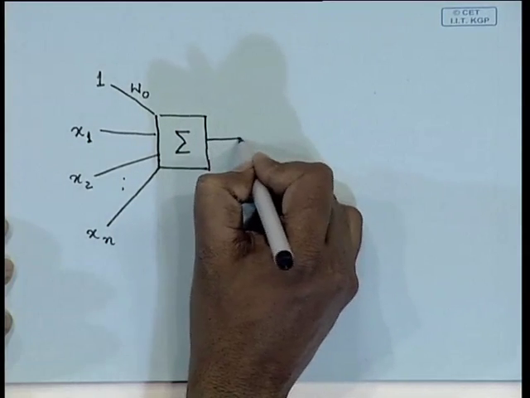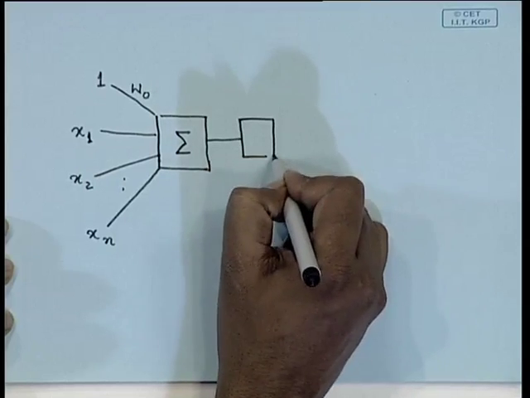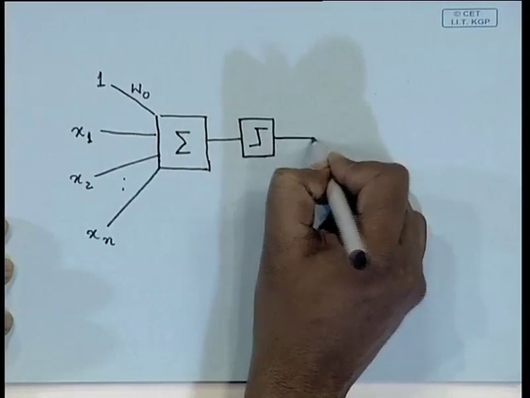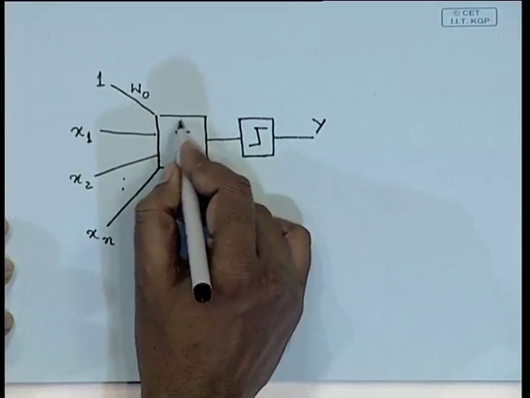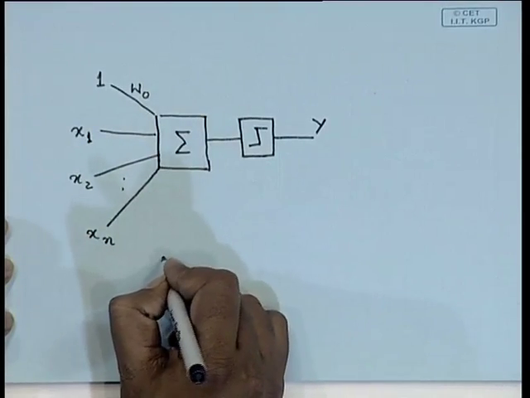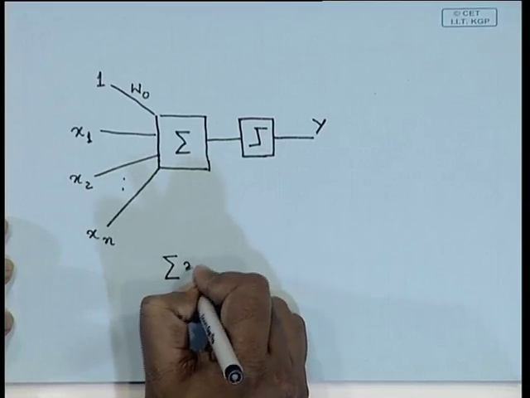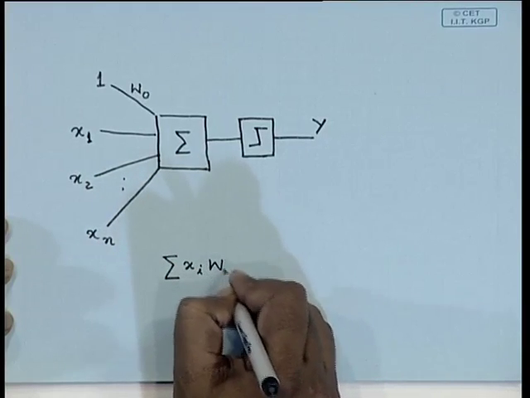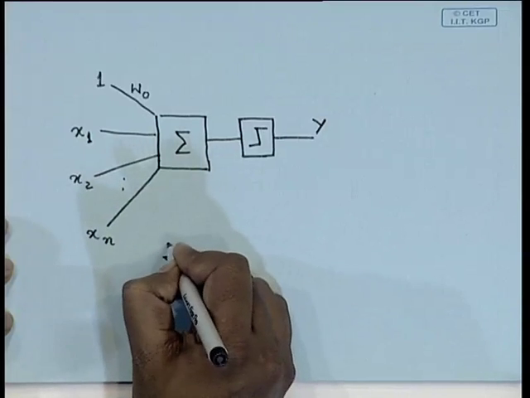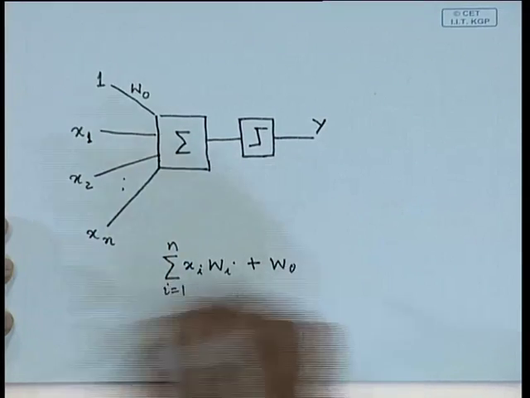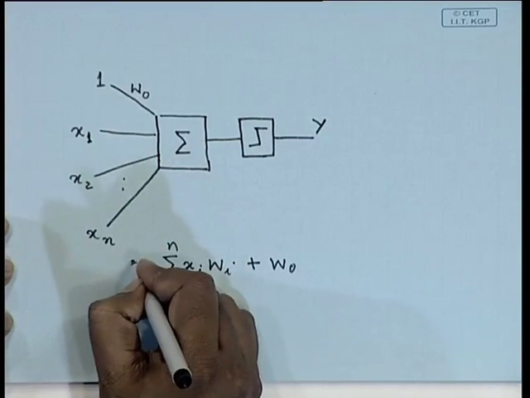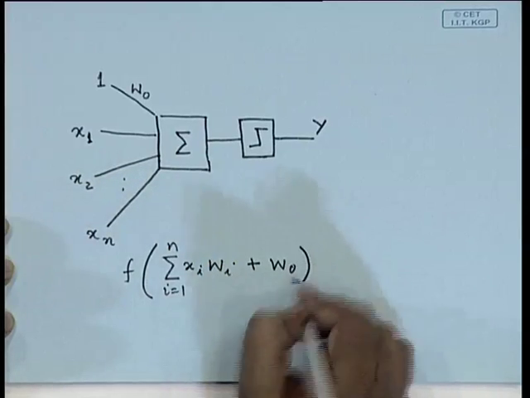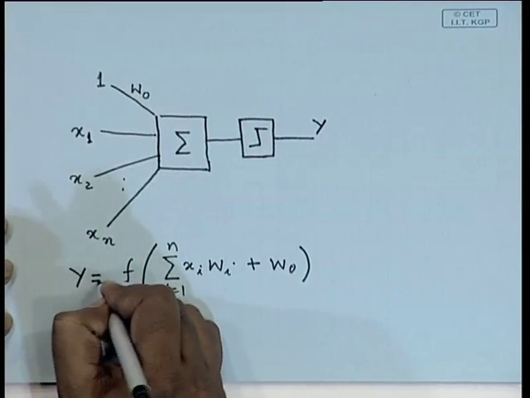The other functionalities remain the same. I have this nonlinearity, and then I get this output y. Over here you find that the output of this is the summation of xi into wi varying from 1 to n plus w0. And on top of that, I put this nonlinearity, which gives me the output y.